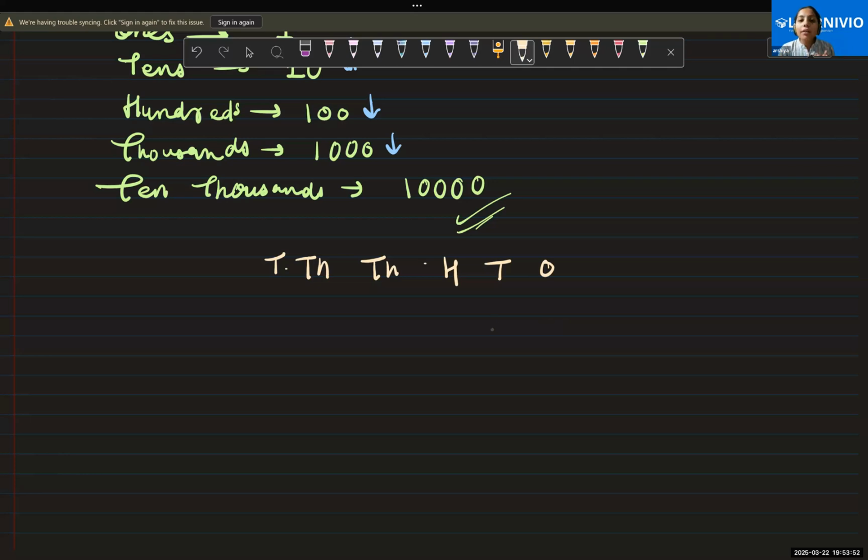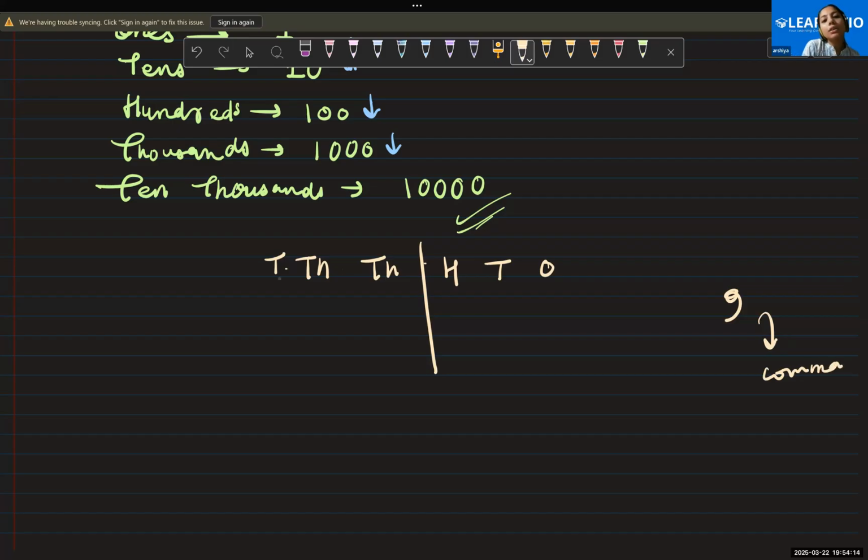The concept of commas is to make the number easier. So where do we put the first comma? After 100, I'll put my first comma. This is what a comma looks like, and I'll explain what it means.